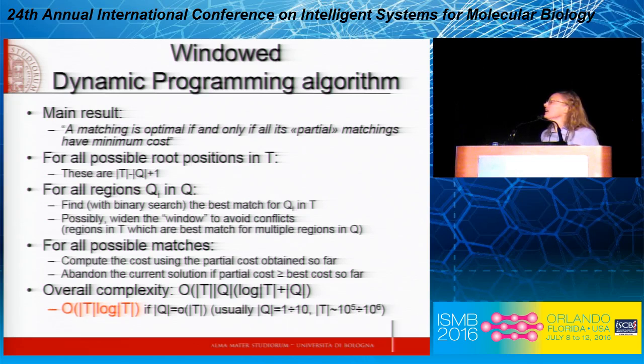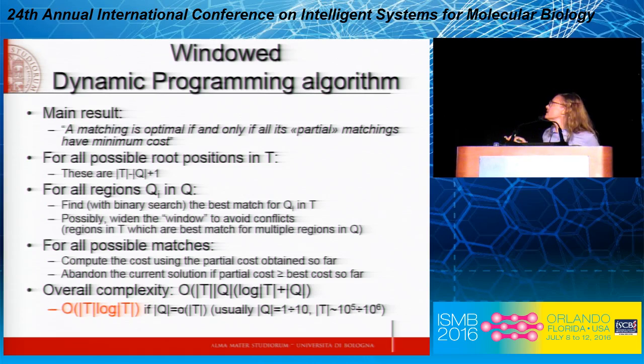In case of conflict, which means that we have a region of the genome target sequence that is matching with multiple regions in the pattern, we enlarge the windows in order to solve the problem in an increasing way. The key idea is derived from the theoretical results.